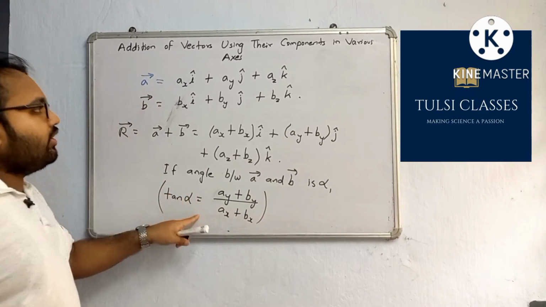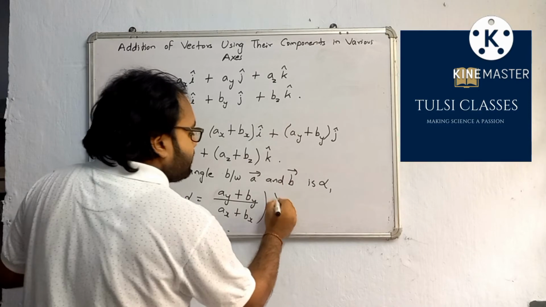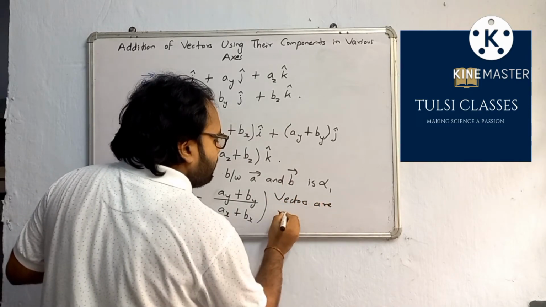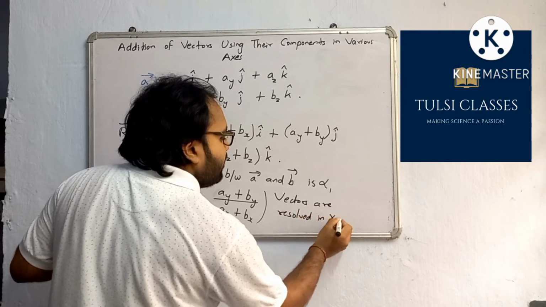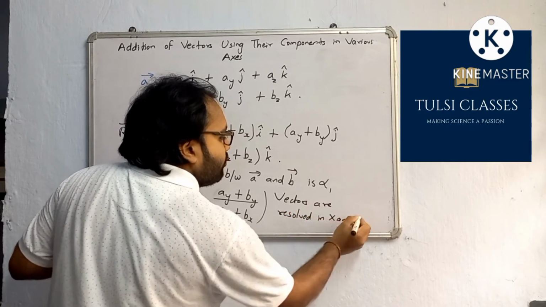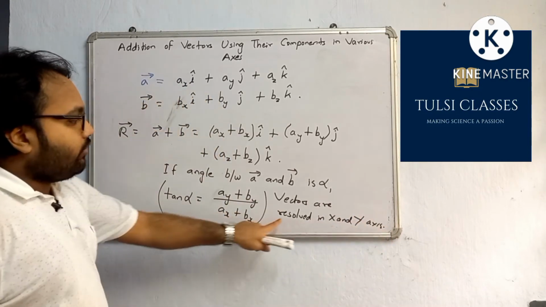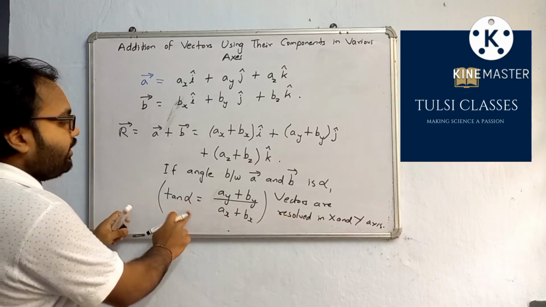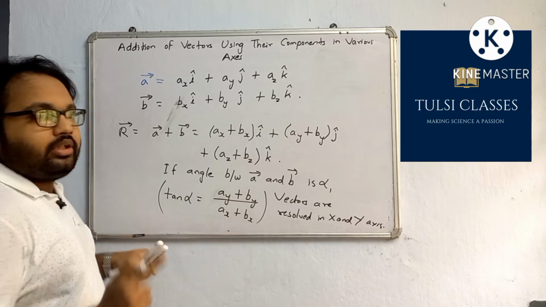This is the case when vectors are resolved in the x and y axes, that means in two axes only. If we are resolving the vectors along the x and y axes, then tan alpha will be equal to AY plus BY divided by AX plus BX.